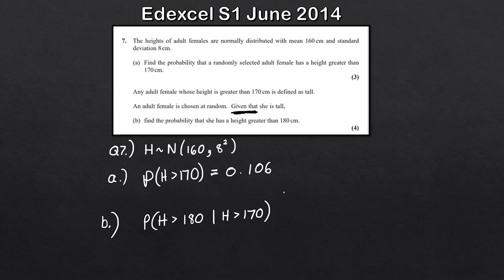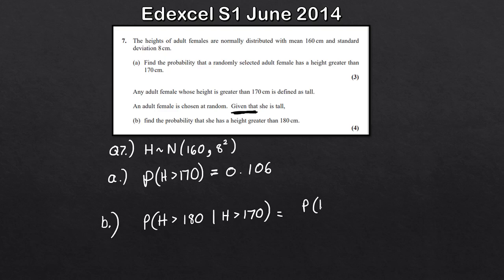Okay, so this is what we're looking for here, and this looks a little bit complicated, but it's not too bad. Okay. What I need to think about now is expressing this conditional probability. So I'm looking for the probability that H is greater than 180, given that H is greater than 170. So in that case, we use our formula for conditional probability.